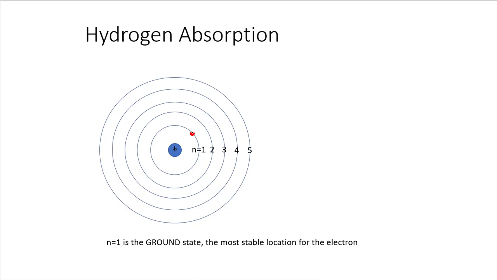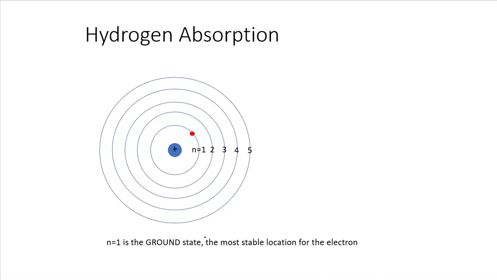When that electron lies in the energy shell closest to the nucleus, that is called the n equals 1, the ground state. That's where it is the most stable, when that electron lies closest to the nucleus.